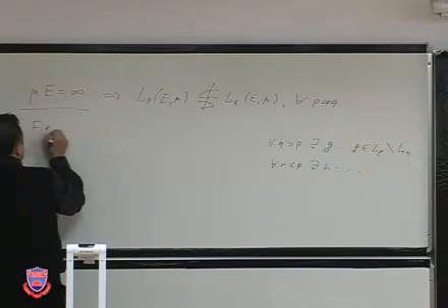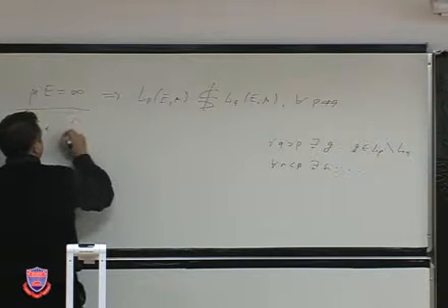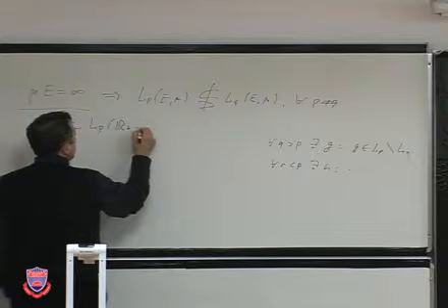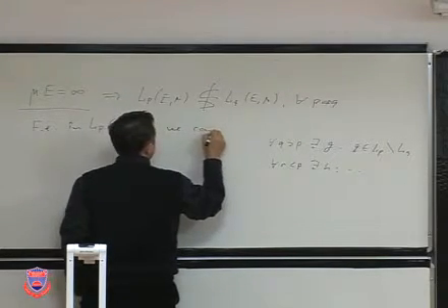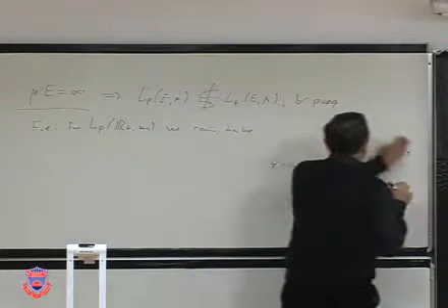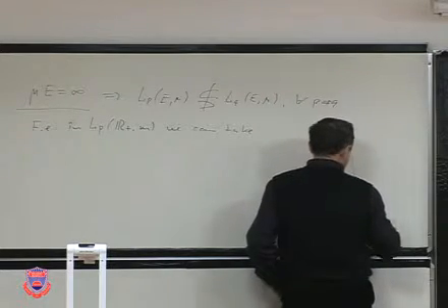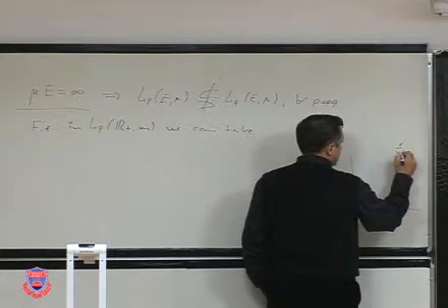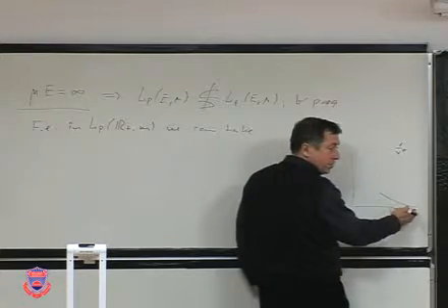For example, for the case L^p on R plus with Lebesgue measure, we can take the function. I'd like to recall some simple stuff from calculus: if we consider the function 1 over x^p, then the case when p is larger than 1 is good for infinity.